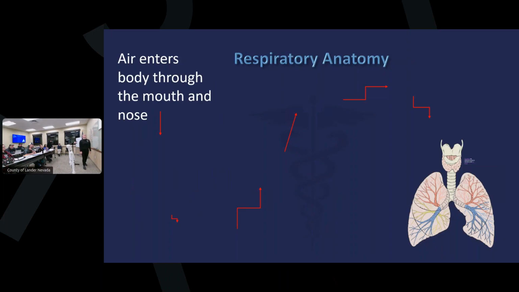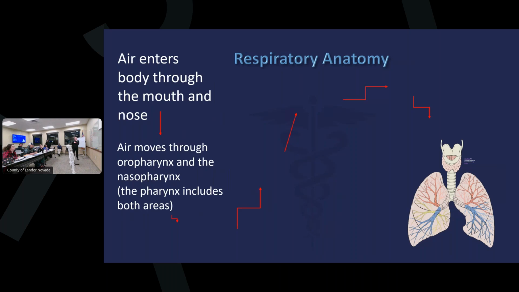They are. So. All right, so this is the flow of things through our respiratory system. So our air enters our body through our mouth or nose. Where does it go next? Into the oropharynx, right? Oropharynx, nasopharynx.